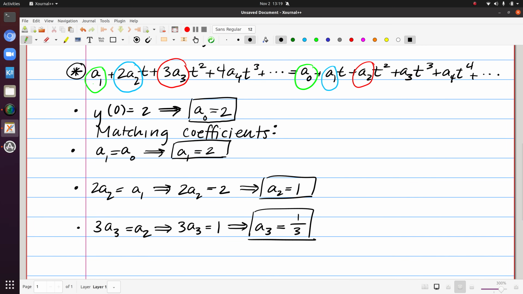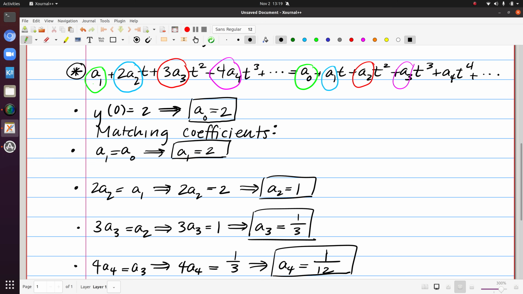If I next equate the coefficient of t cubed on each side, that gives me the equation 4a4 equals a3, which means 4a4 equals 1/3, which means that a4 is equal to 1/12.